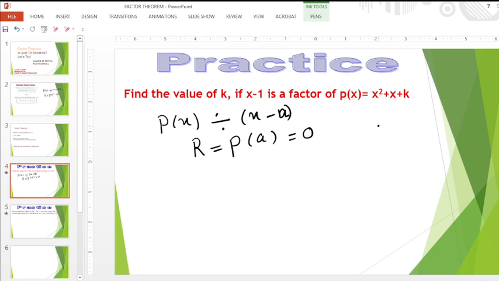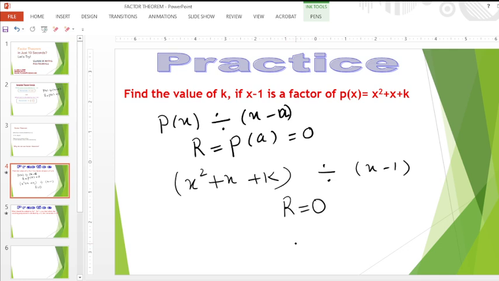According to the remainder theorem, we'll find the remainder as p(a). So let's take our polynomial x square plus x plus k, which is divisible by x minus 1, and they're telling you that x minus 1 is a factor of this. So the remainder should be 0. But what is the remainder? That is p of 1. From here, make x minus 1 equal to 0, so x is equal to 1. This value of x you substitute in the polynomial, and that is your remainder according to the remainder theorem.